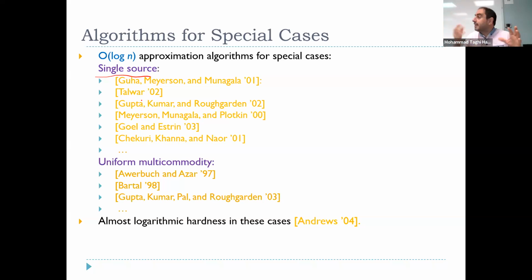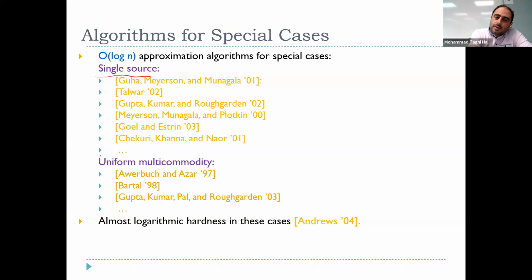People didn't know at the beginning these problems are the same. And this was buy-at-bulk. There was another problem called rent-or-buy. But actually, it turns out these problems are the same or almost the same essentially. And these are the different approaches that people took. And for single source, there is a log n approximation.